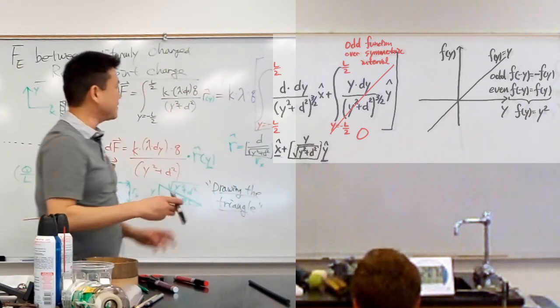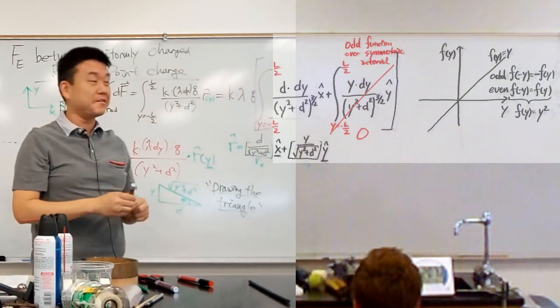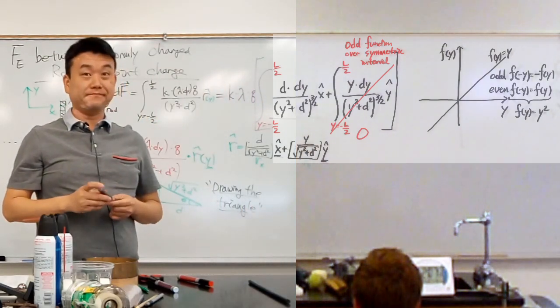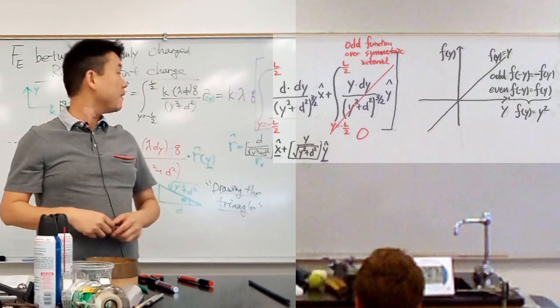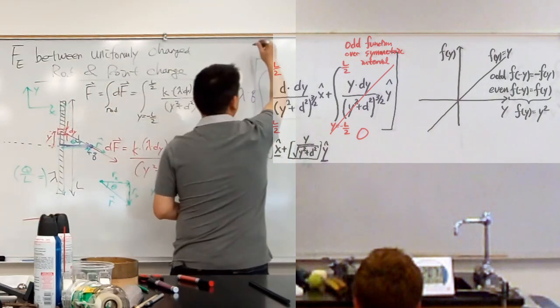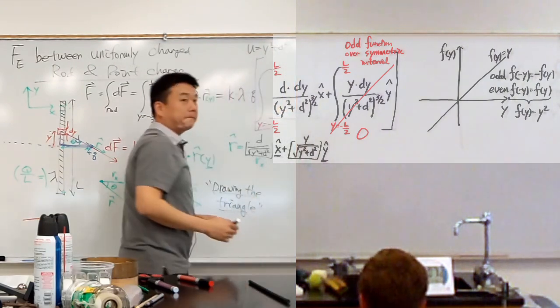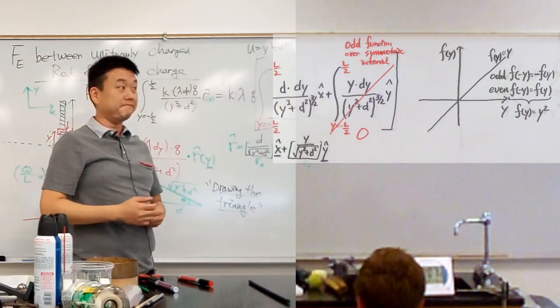Anybody here know how to do this integral? Any suggestions? Try it in your head. If you try to substitute u equals y squared plus d squared, what do you get? Does it work?